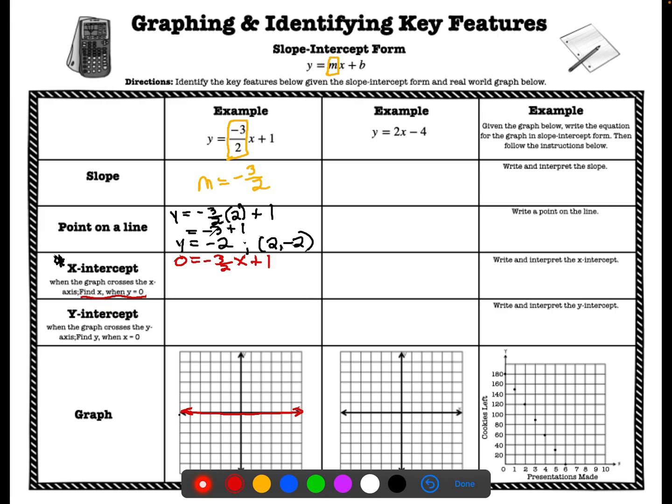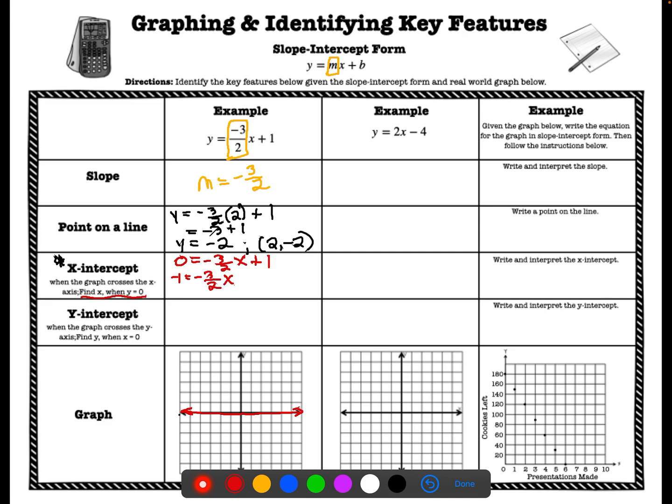In order to solve, we use the reverse order of operations. So instead of starting with parentheses, exponents, multiplication, division, then subtraction and addition, we start with subtraction and addition, get rid of that, and then go to multiplication, division. So we subtract 1 from each side here, and we end up with negative 1 equals negative 3/2 x.